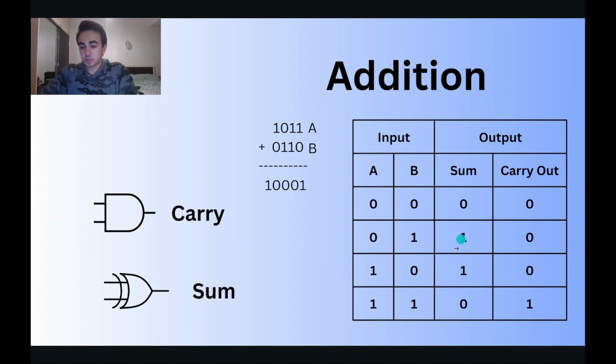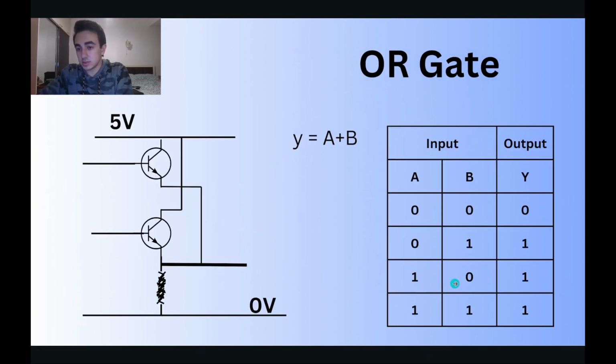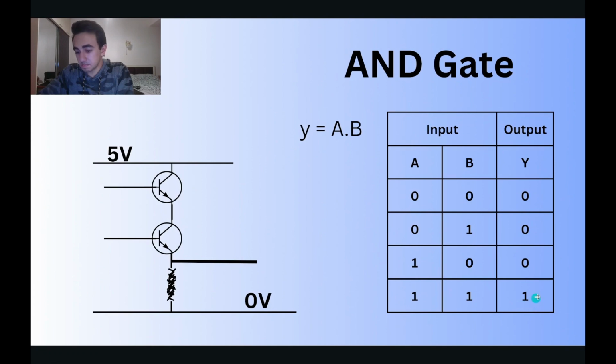So for representing sum, we will use the XOR gate, and for carry, we have one only in the case when both inputs are ones. And this is similar to the AND gate. In all cases we have 0, and when both inputs are 1, we have 1.